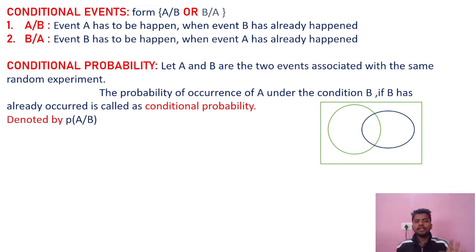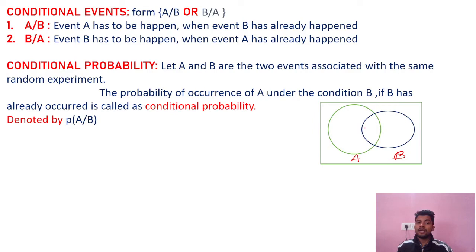Let A and B be two events associated with the same random experiment, and the probability of the occurrence of A under the condition that B has already occurred is called conditional probability, denoted by P(A upon B). Now here we can see the universal set, this is event A and this is event B. What do we mean by conditional probability?